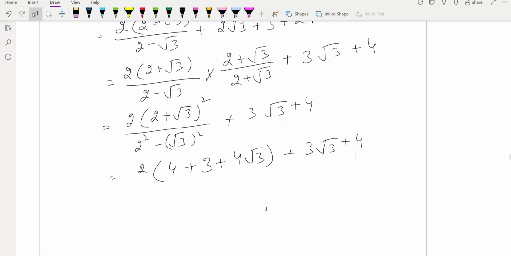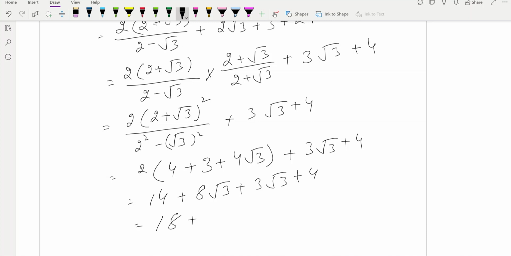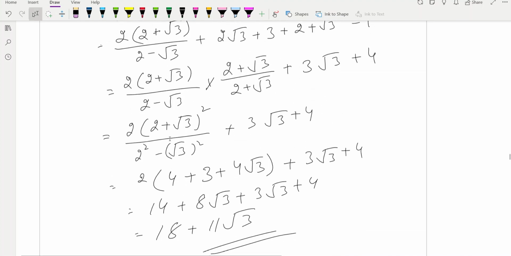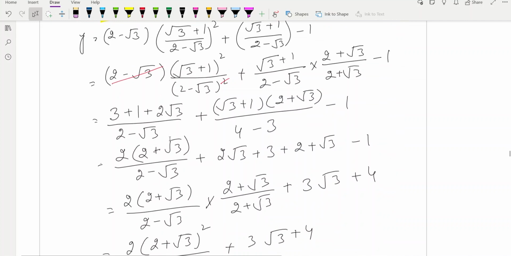And now we can open this, so it will be 4 into 4 plus 3 will be 7, 7 into 2 will be 14, plus 8√3 plus 3√3 and plus 4. So we can rewrite it as 14 plus 4 will be 18, plus 8 plus 3 will be 11, so 11√3. This is a little lengthier without a calculator, so we'll have to rationalize 2-3 times.